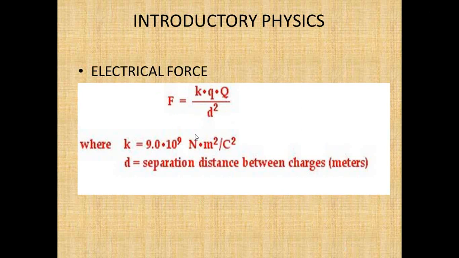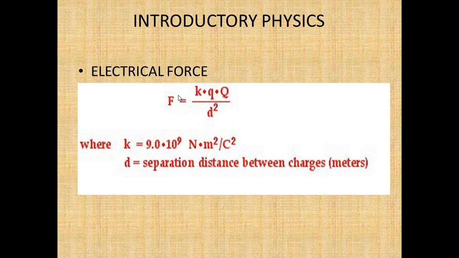The SI unit, of course, you know that force is measured in newtons, distance is in meters, and charge is in coulombs. So if you're going to use this equation, you have to make sure your units are SI units, all right? So again, separation distance between the charges is in meters, force is in newtons, and charge is in coulombs.